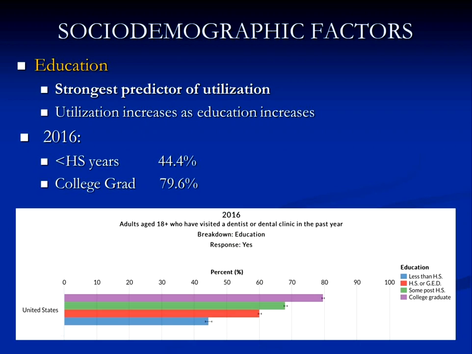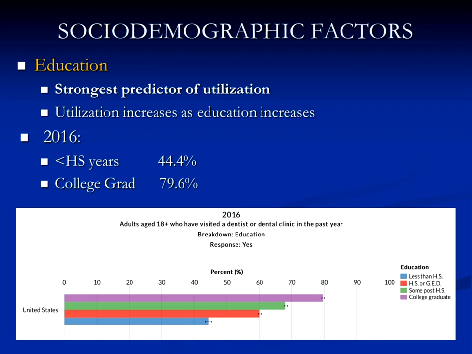So what we know is that people that obtain higher educational degrees tend to go to the dentist a lot more often. And you can see here in 2016, the difference is pretty stark. Among people that did not graduate high school, about 45% went to the dentist within the past year.